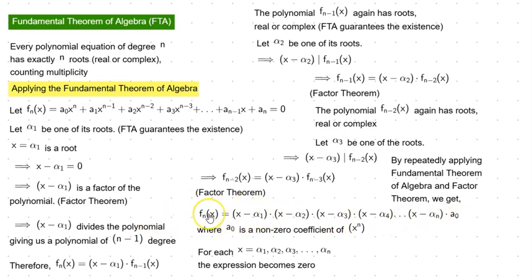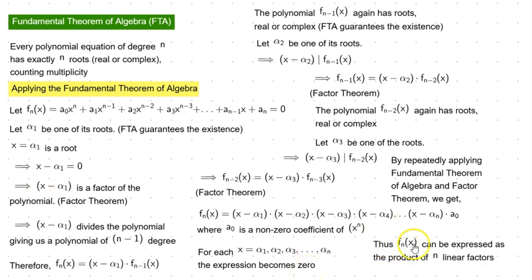So which means f_n(x) is equal to 0. Similarly, if x is equal to alpha 2, then we will have alpha 2 minus alpha 2. So this factor becomes 0, which means the entire thing becomes 0. So for each x equal to this, the expression becomes 0.